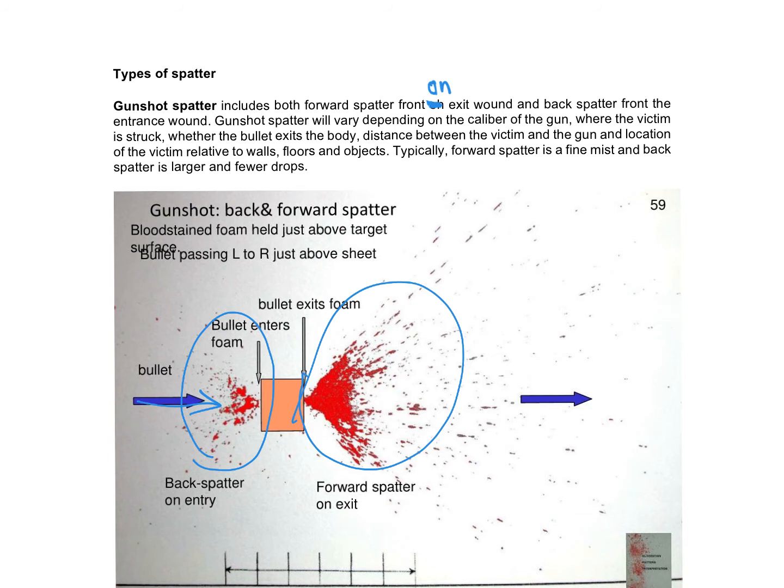So the back splatter has less blood coming out, and for the forward splatter there will be more, and the area they cover can be very big, depending on the type of gun and the distance between the victim and the gun, as well as the location of the victim to the walls, the floors, all this. So usually the forward splatter is a fine mist. The back splatter is larger but fewer drops.